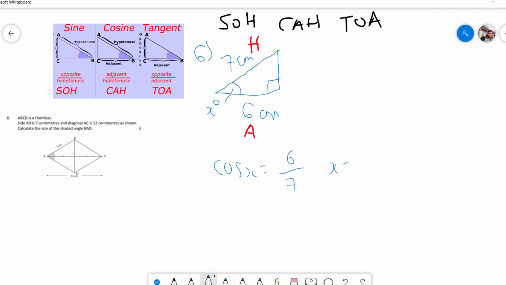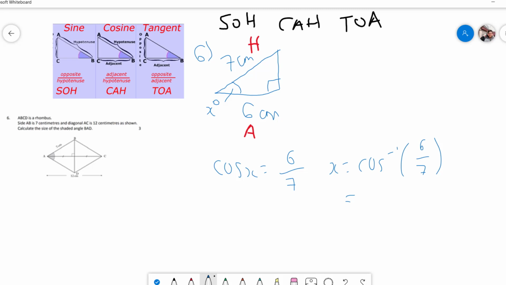How do we find what x is? Well, inverse cos of 6 over 7, which gives you 31 degrees to the nearest degree.